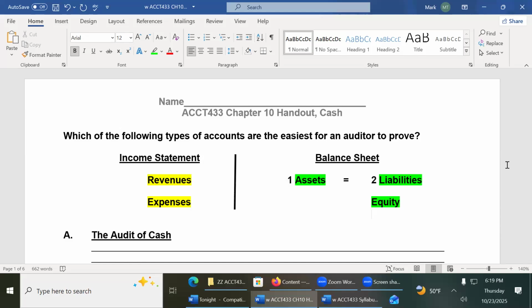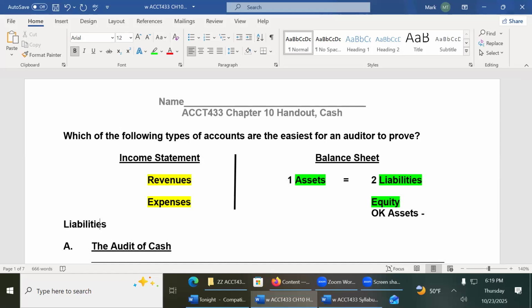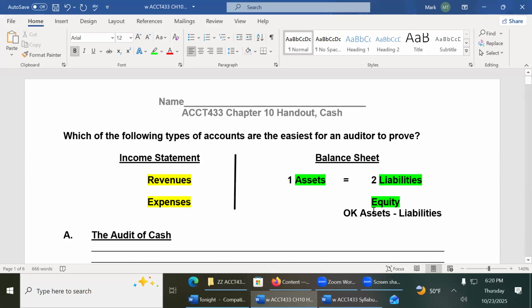Okay, so this is okay if the assets and liabilities are okay. Assets minus the liabilities should be the equity. Now, the income statement flows into the equity section.